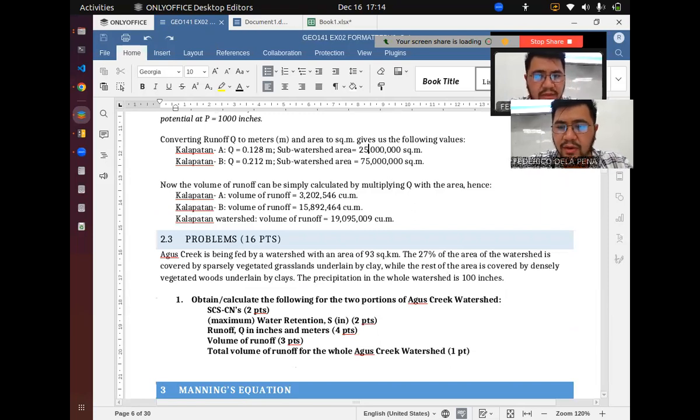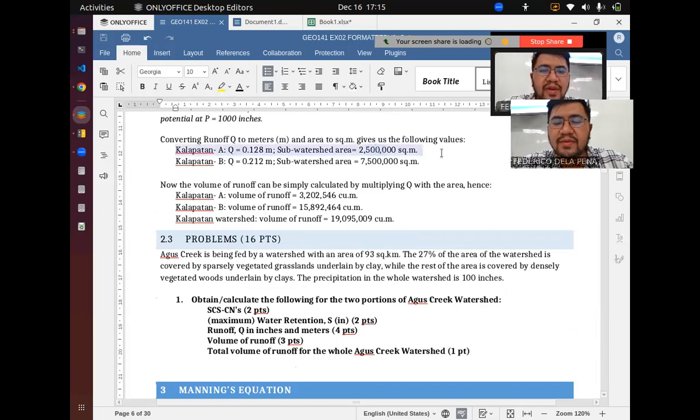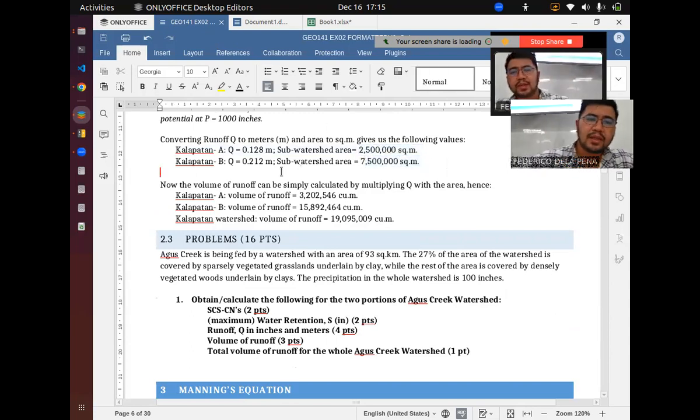This is actually wrong, because we only have 2.5 square kilometers, which is equal to 2,500,000 square meters.